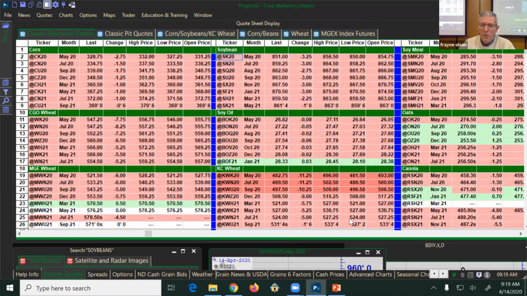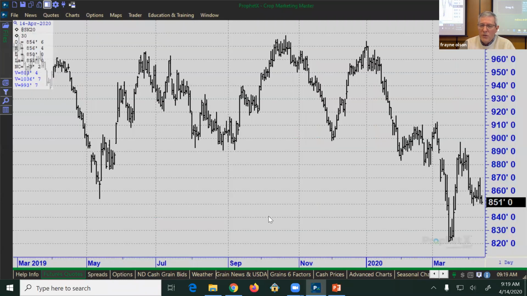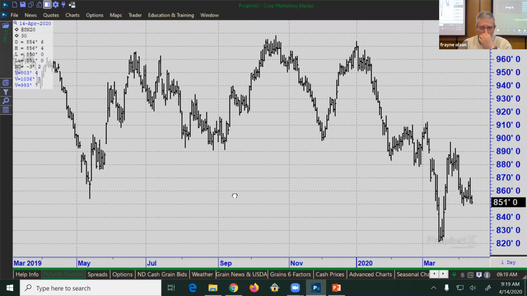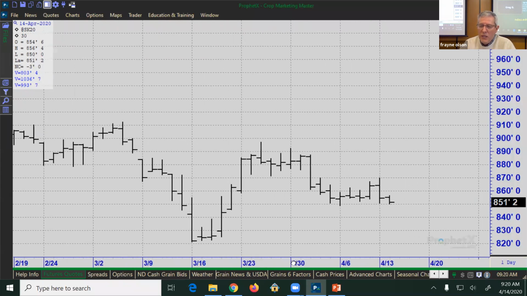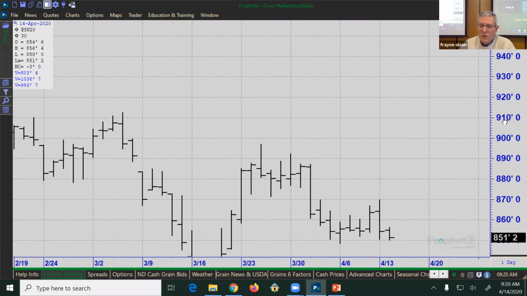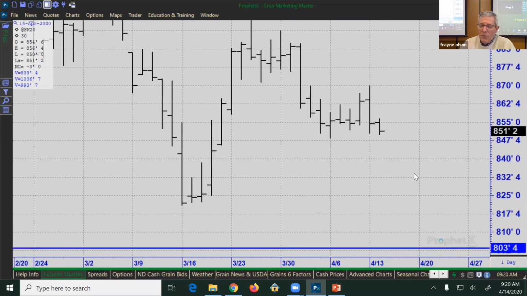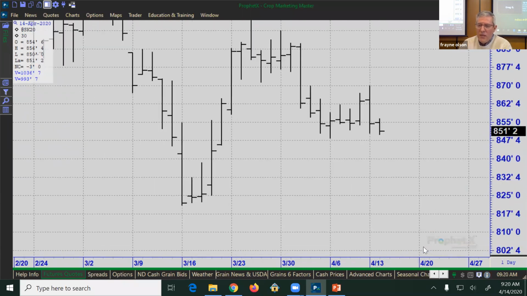So let me pull up the historical chart for May soybeans. The black line is the actual futures market prices. I'm going to zoom in here just a little bit. Each one of these lines represents some very important information about what's happened in the marketplace.